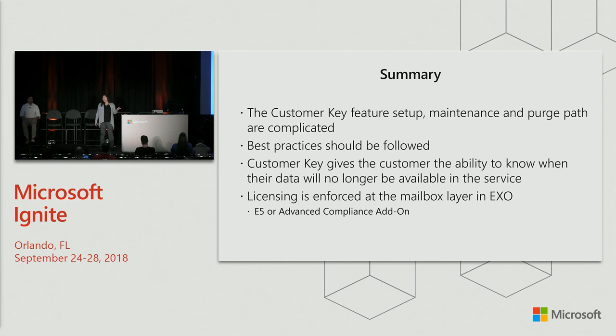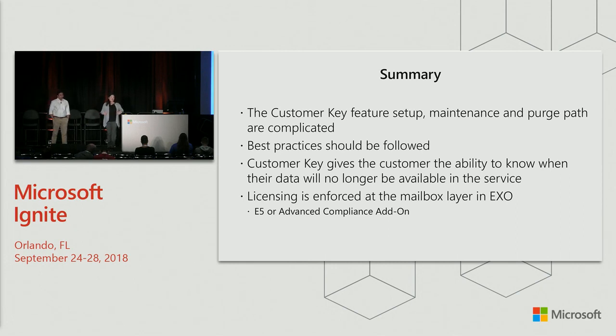All right, so on to questions. Do we have any more questions about either one of our feature sets? Okay, yeah. So for the encryption, you mentioned if you get a license for Exchange, does that include, or is there separate licensing for your data at rest versus Exchange? So the question is, is there separate licensing for customer key and AIP and OME?